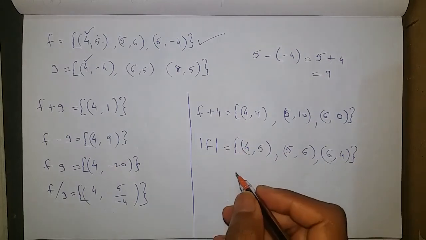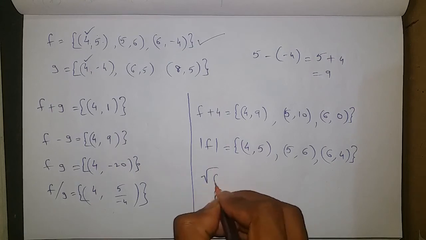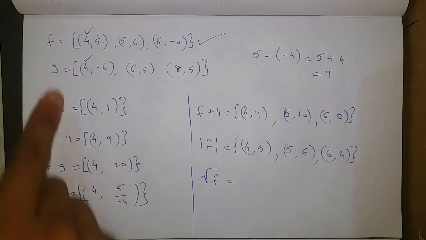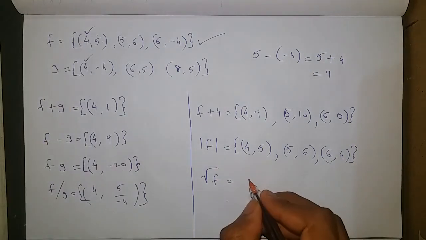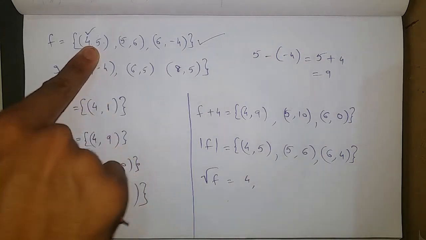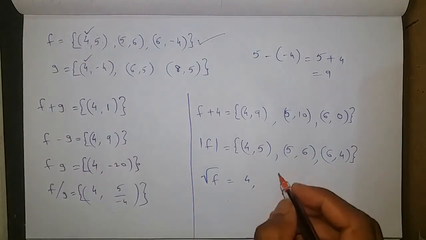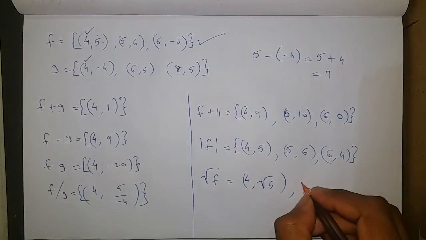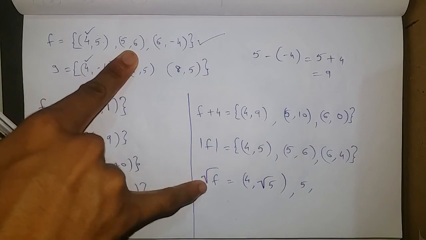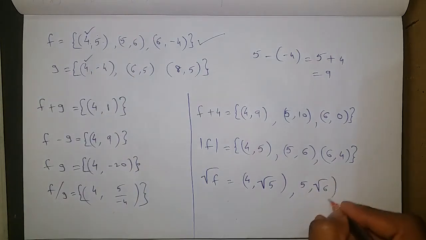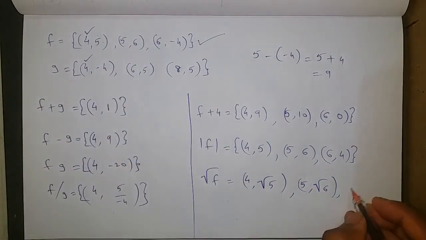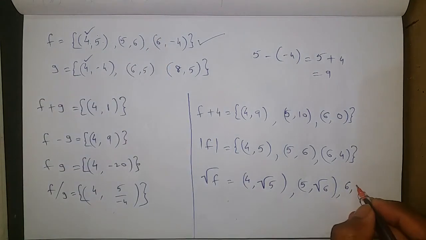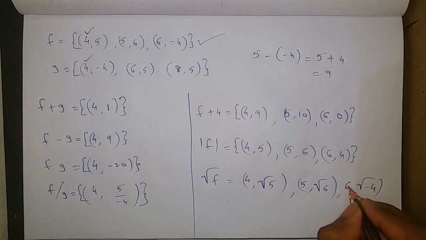Next, if it is square root, root f, same again here also, first write the first domain as it is, that is 4, comma, for 5 apply the square root, root 5, comma, 5 as it is. For 6 apply root, root 6, comma, 6 as it is, comma, for minus 4 apply square root, root minus 4.